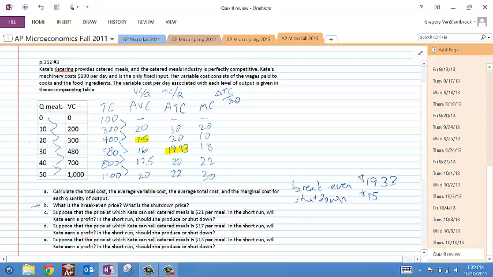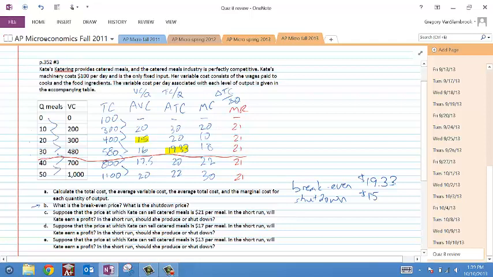So starting off with, if it's $21 per meal, we are looking for the last unit where the marginal revenue of $21 is greater than the marginal cost, and that is, going down one by one, it's here. They wouldn't produce the 40 units because 30 is the last time where marginal revenue is greater than marginal cost.